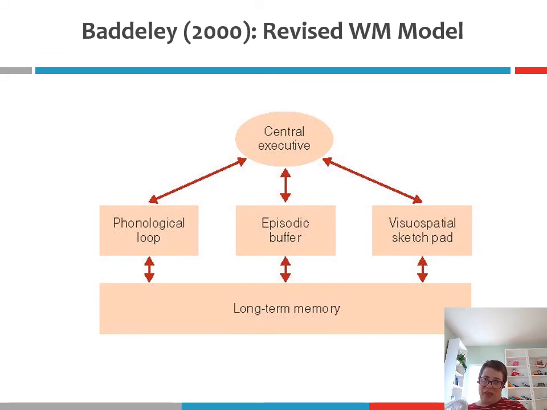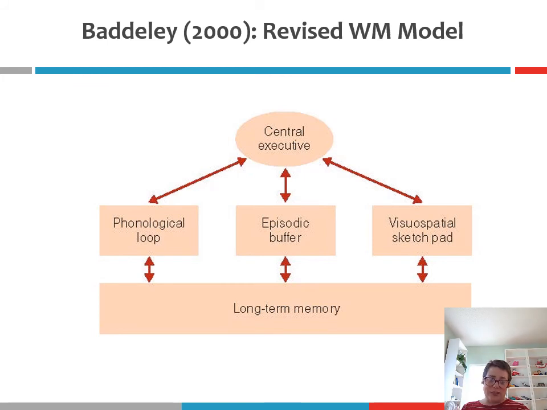And we're also able to think about things like grammar and syntax and other sorts of arbitrary rules that have been stored in our memory as a result of our education, right? So the three-component model doesn't really allow for that.